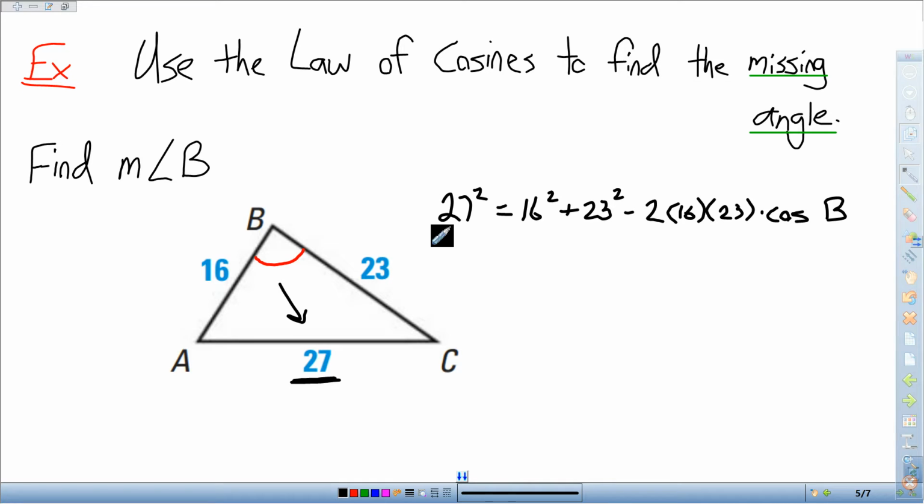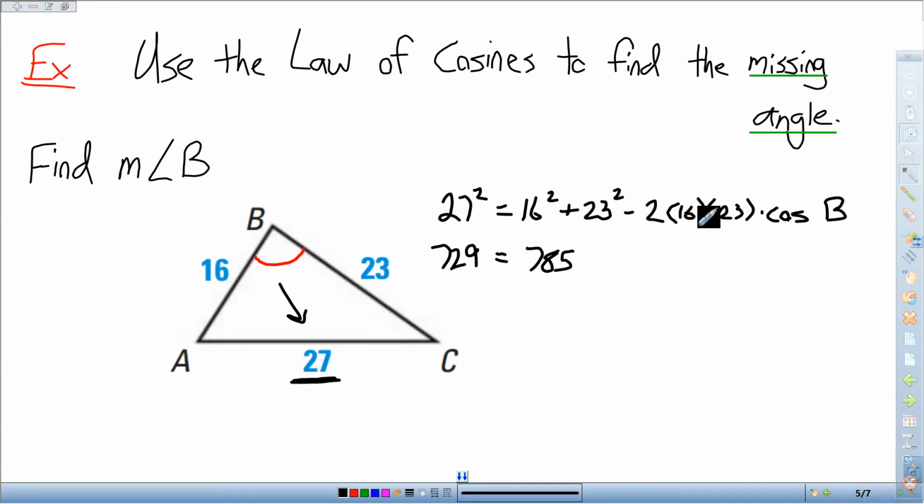So I'm just going to do 27 squared. Okay, so that's giving me 729. Okay. Equals, here's the thing, I can do both of these things together. I can combine these. So I'm going to do 16 squared plus 23 squared. Okay, I'm adding those together and I'm getting 785.